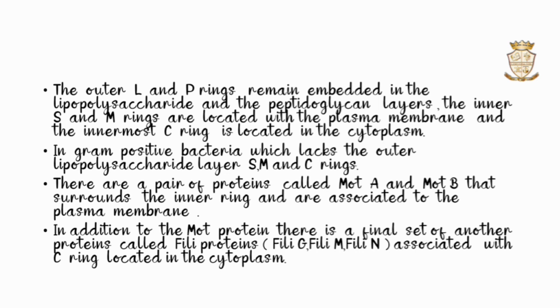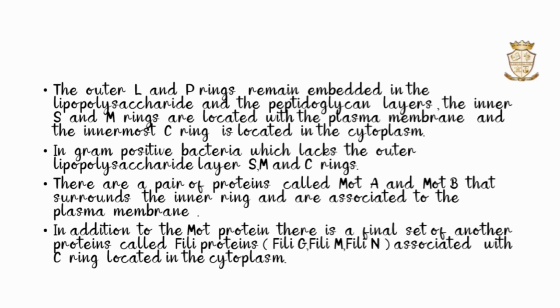The inner S and M rings are located within the plasma membrane, and the innermost C ring is located in the cytoplasm. In gram-positive bacteria, which lack the outer lipopolysaccharide layer, S, M and C rings, there is a pair of proteins called MotA and MotB that surround the inner ring and are associated with the plasma membrane.